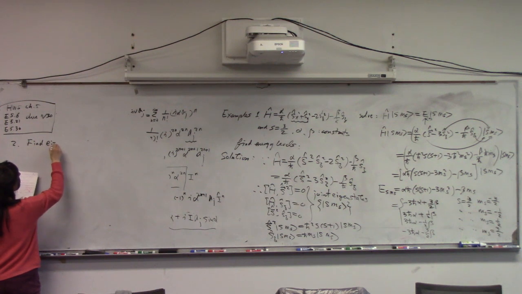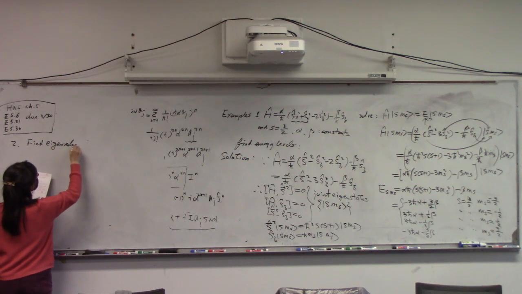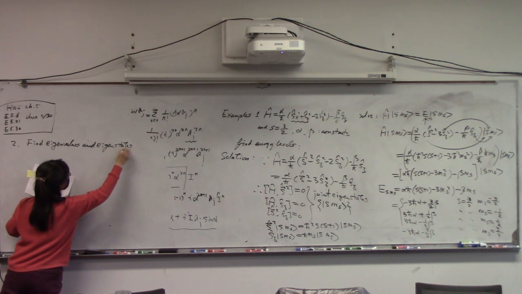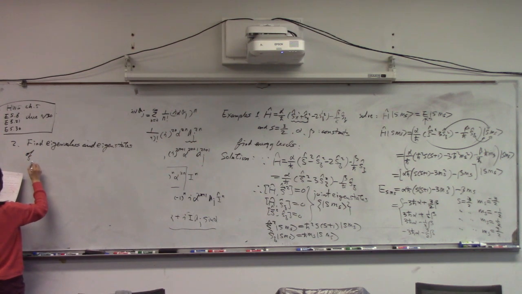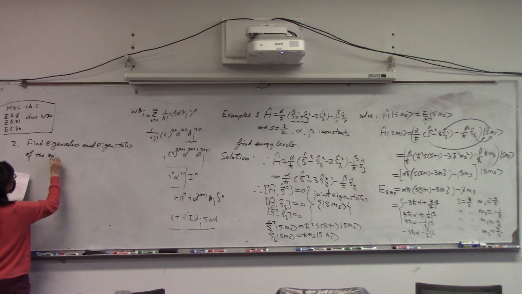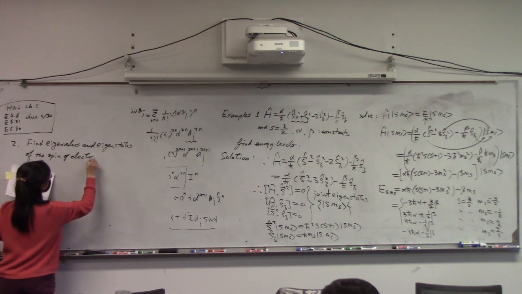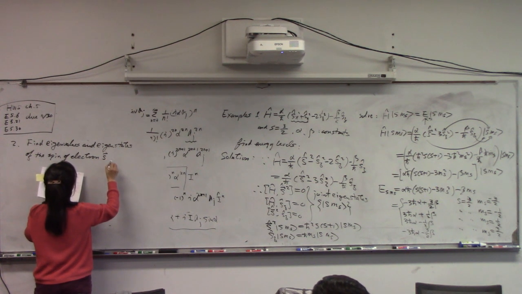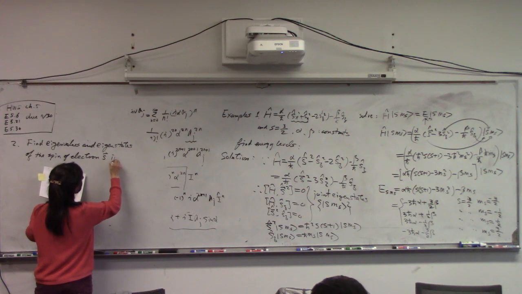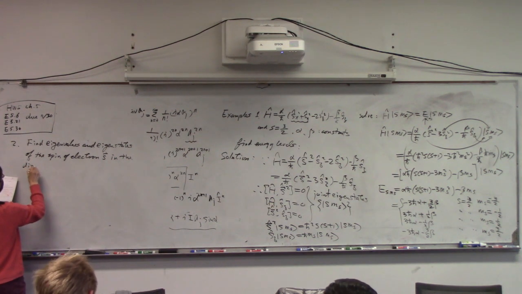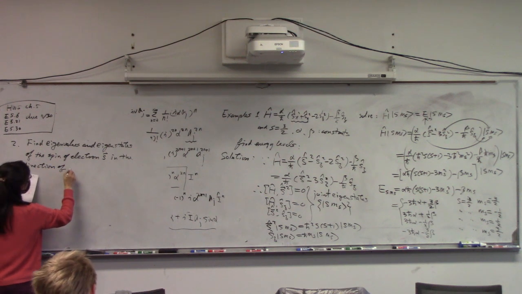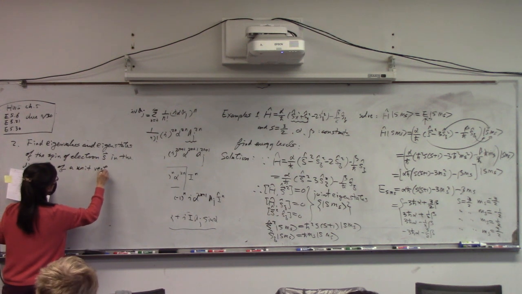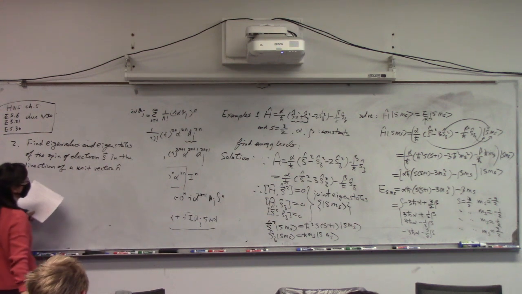Find the eigenvalues and eigenstates of the spin of the electron in the direction of a unit vector n.